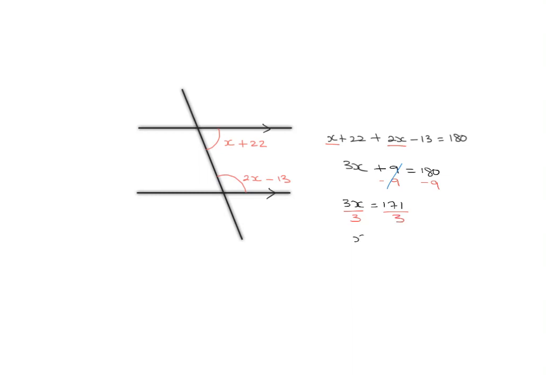Therefore, x will equal 171 divided by 3, which is 57. Or you can write it as a decimal, whichever way you like.